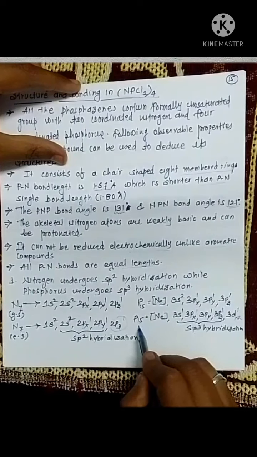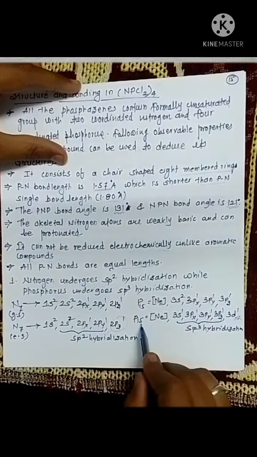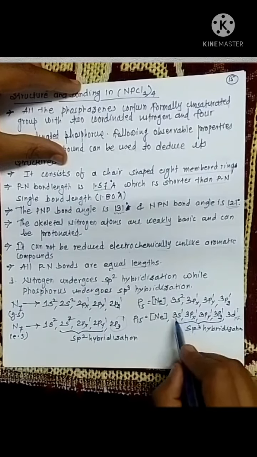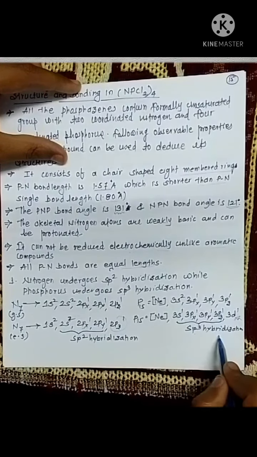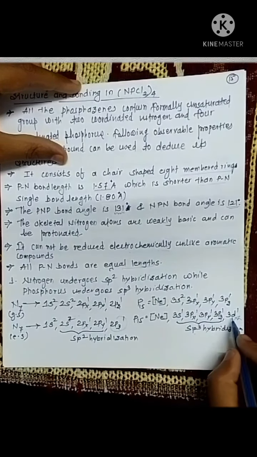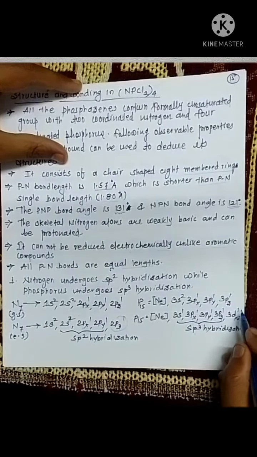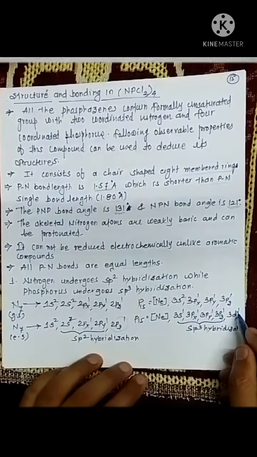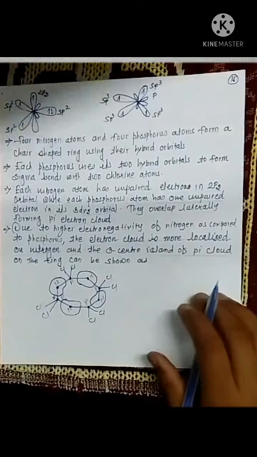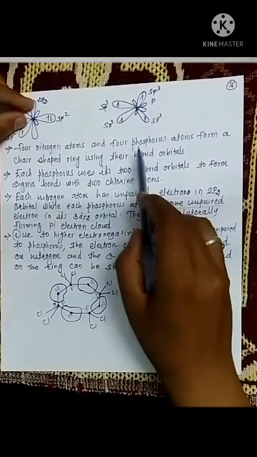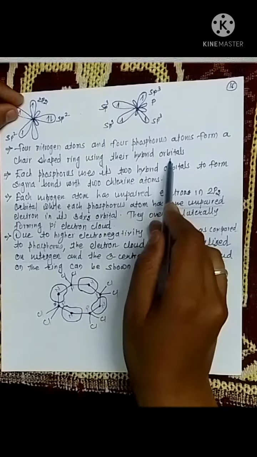Phosphorus also undergoes sp3 hybridization. So in phosphorus we see that single electrons are present in each sp3 hybrid orbital and one electron is present in the 3dxz orbital which is unhybridized. So 4 nitrogen atoms and 4 phosphorus atoms form a chair-shaped ring structure using their hybrid orbitals.